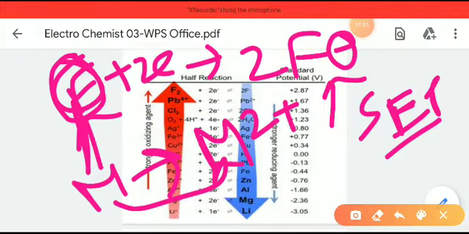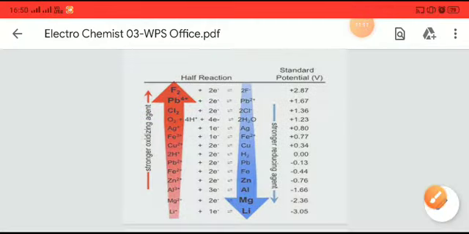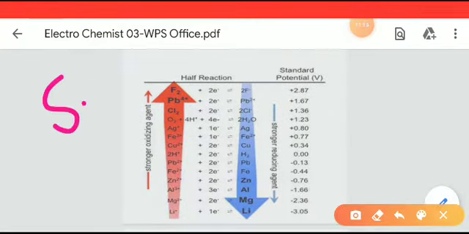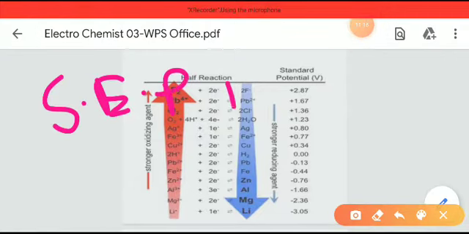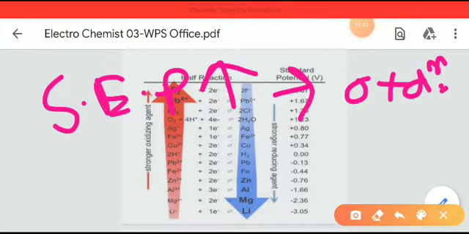So if the standard electrode potential is higher, then it will act as an oxidizing agent, because it will do a reduction.